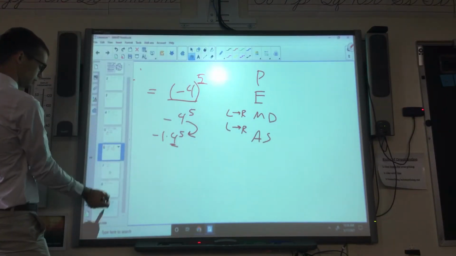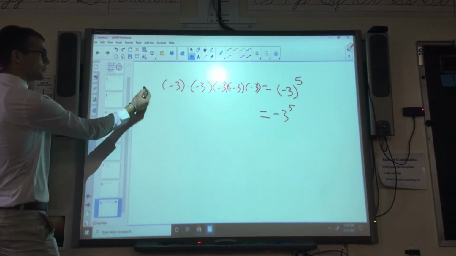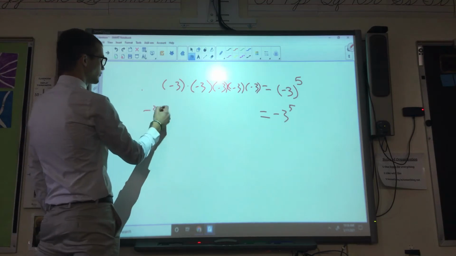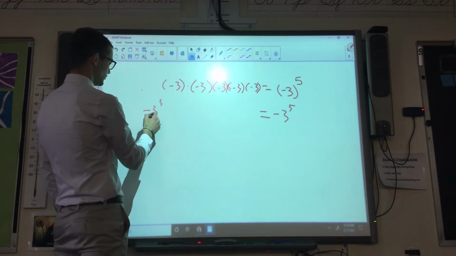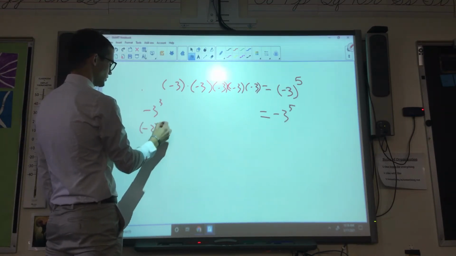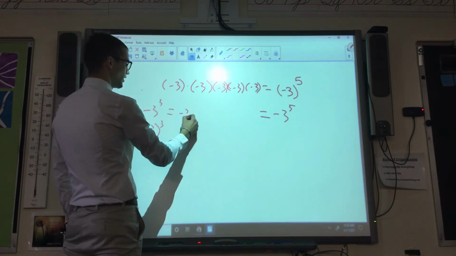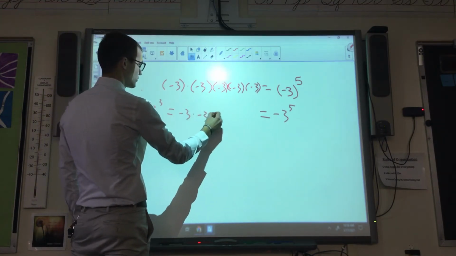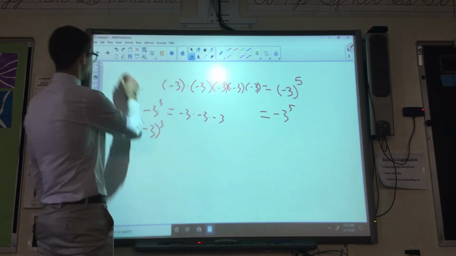I'll give you an example. Let's say you've got negative 3 to the 3rd power and negative 3 in parentheses to the 3rd power.